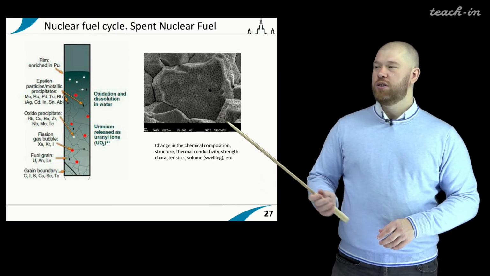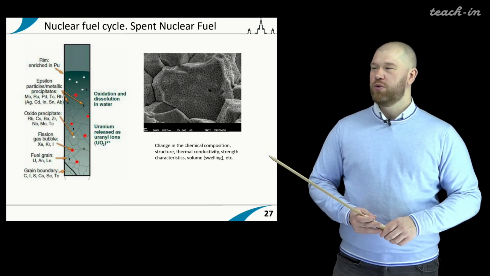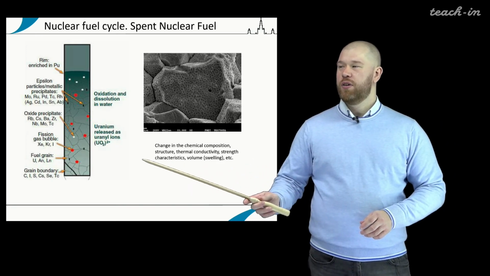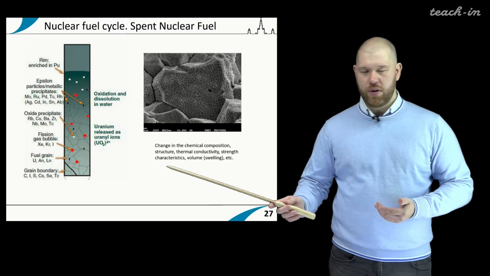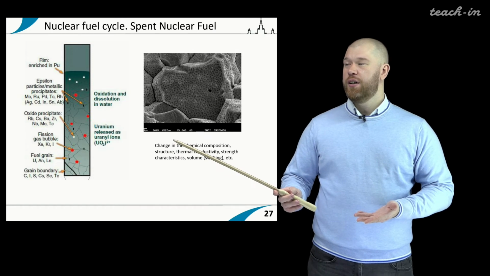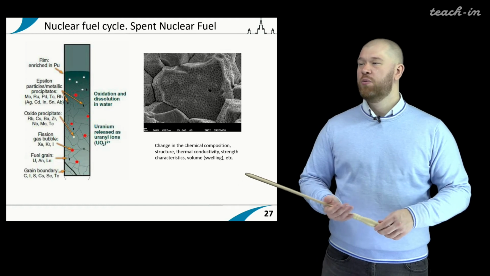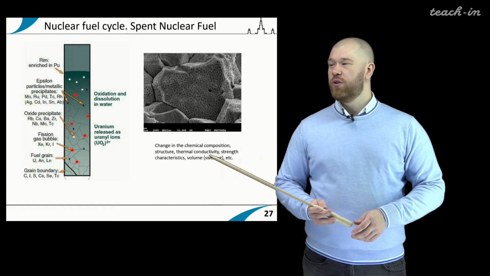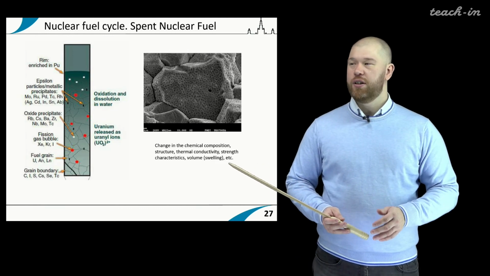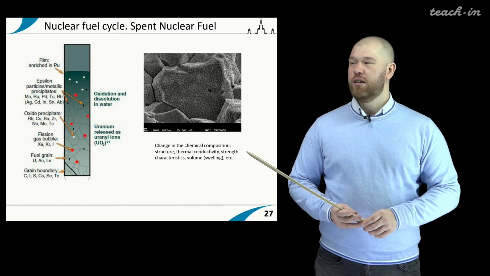These are the channels through which gaseous products are released. Also, we form different fission products that can form complex compounds with uranium and with other elements. For example, alkali and alkaline earth metals can form different salts inside the fuel.